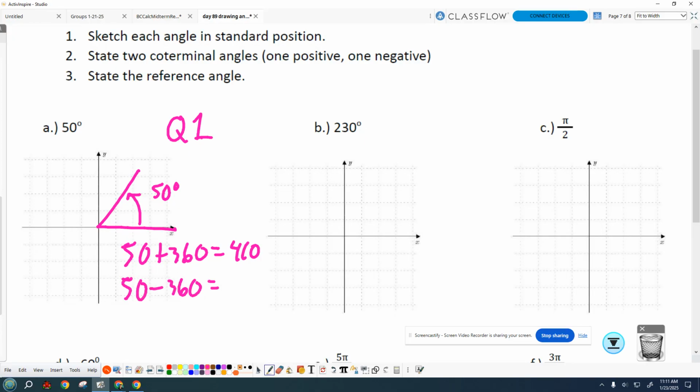On your worksheet, the task is draw it, name it, find 2 angles. Here's a positive coterminal angle. You don't have to draw the coterminal angles, you just have to find them. What's the reference angle for this one? 50, it's uninteresting.